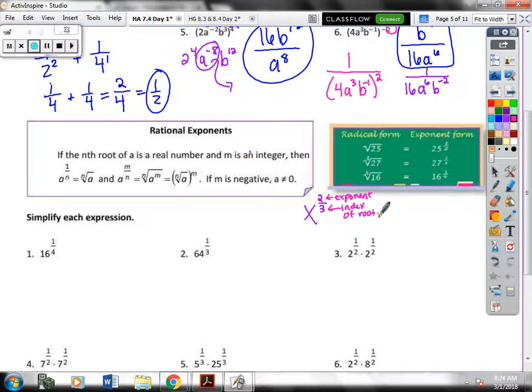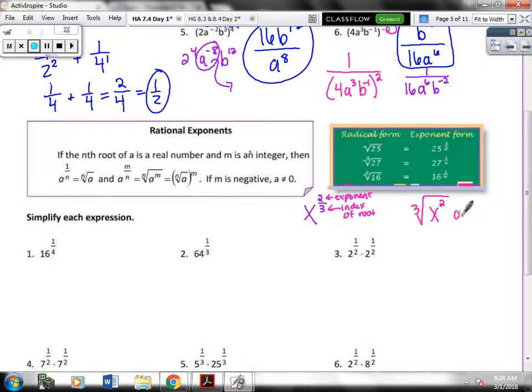So if you were to rewrite this in radical form, this would be the cube root of x squared, or you can also write it as the cube root of x, quantity squared. It doesn't matter which way, they're equivalent.